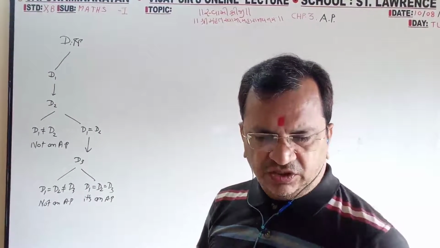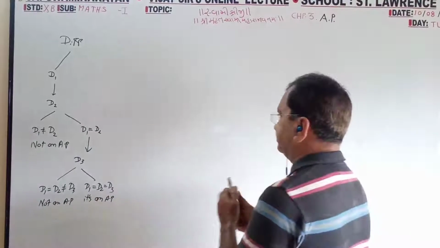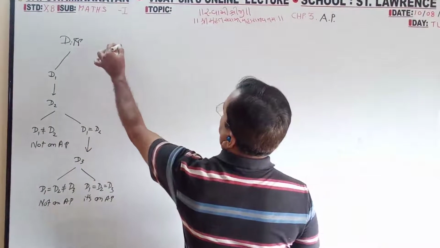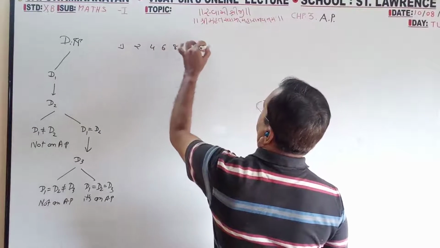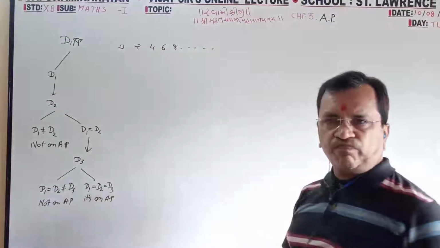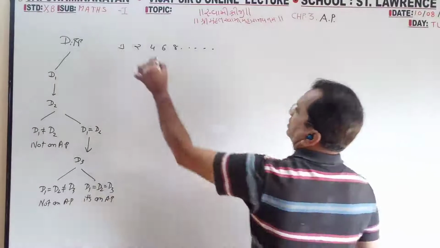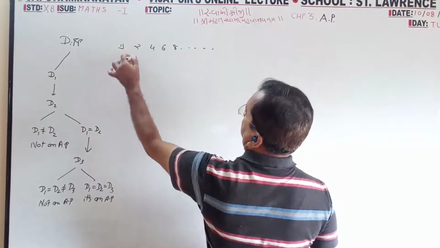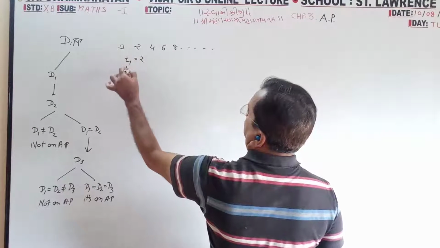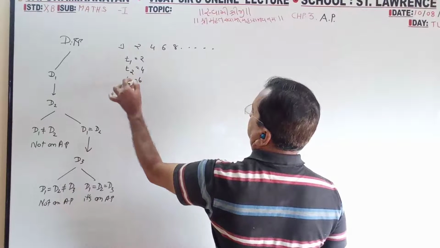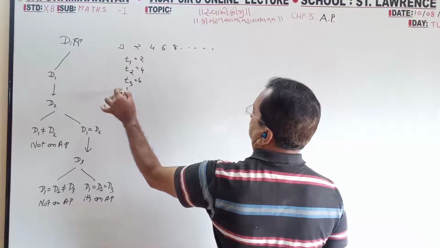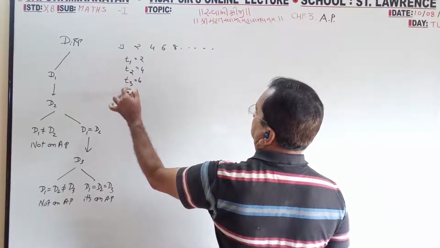It is given 2, 4, 6, 8. This is term 1, so the first term is 2. Second term is 4, third term is 6, fourth term is 8.